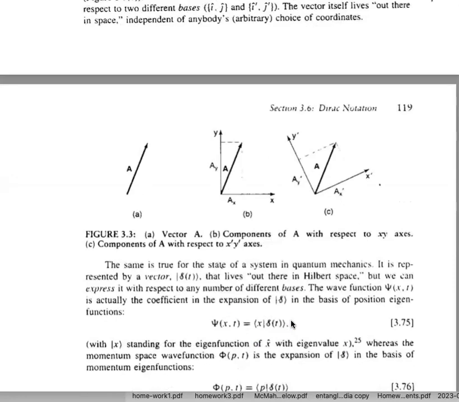Now, what you may not have seen is this structure here: a vertical line and the greater than symbol with something in between. And that is what we're going to call a ket, K-E-T.